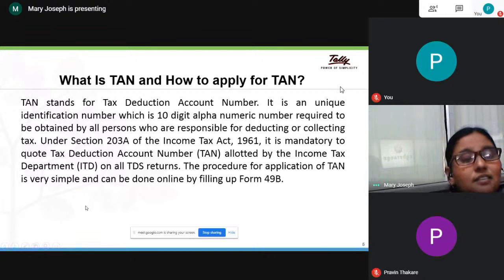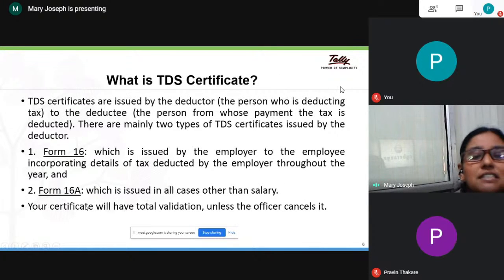Now next, what is a TDS certificate? Now we want to know what exactly a TDS certificate is. TDS certificates are issued by the deductor, the person who is deducting the tax, to the deductee, the person from whose payment the tax is deducted. There are mainly two types of TDS certificates issued by the deductor.